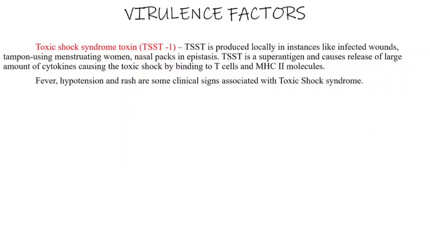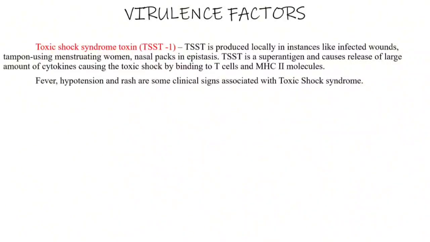So every particular antigen binds to a specific T cell receptor. But in the case of a super antigen, the super antigen is able to activate many different kinds of T cells at the same time.